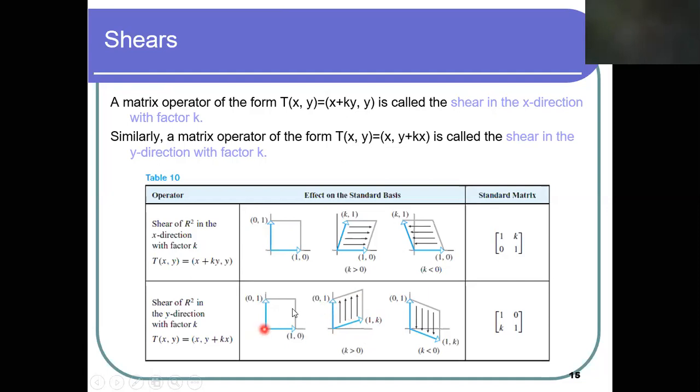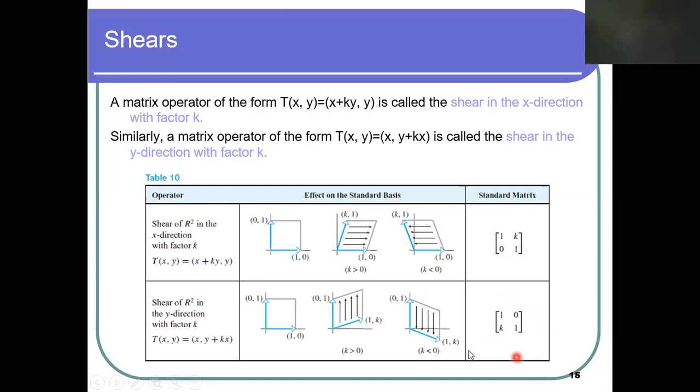So if you put 1 0 in this, this is 0, this is 1, and this is again 0, you will get 0 1. In that case, you can say this is a shear along the y-axis, positive shear, and this is negative shearing along the y-axis.